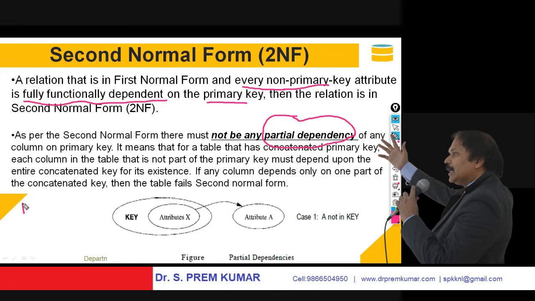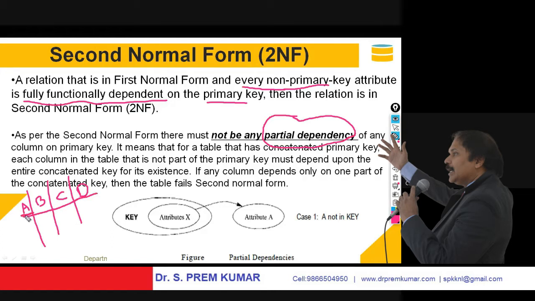Yesterday we discussed this, and I am just repeating. Let me say this is a table which contains the columns A, B, C, D, and so on. In this table, let me say A is the primary key. This is the key attribute.